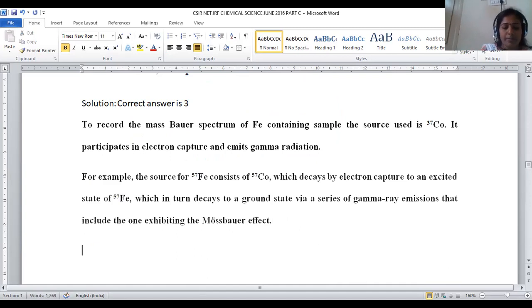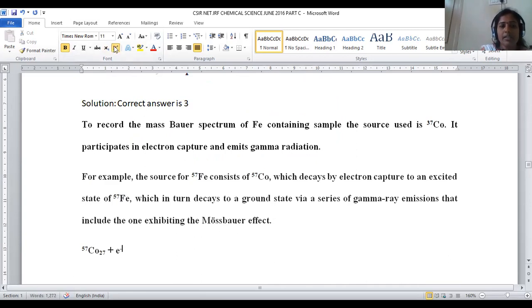Let us write it in equation form. We are taking cobalt with mass number 57. What is the atomic number of cobalt? 27. Now it is added with electron capture, so we are adding an electron to this cobalt.